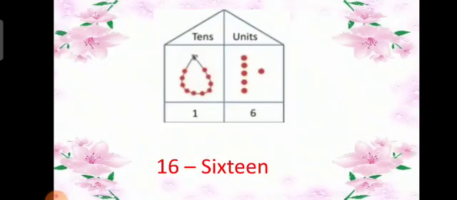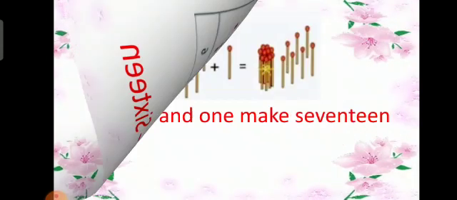In the houses of tens and units we are going to draw one string and 6 single beads. One string means 10 beads and 6 single beads mean 6 units. Together they make 16. What is the spelling of 16? SIXTEEN, 16.